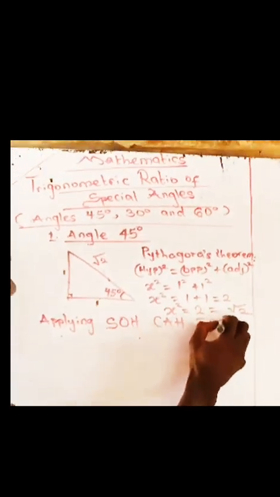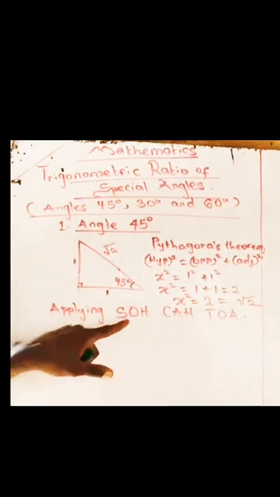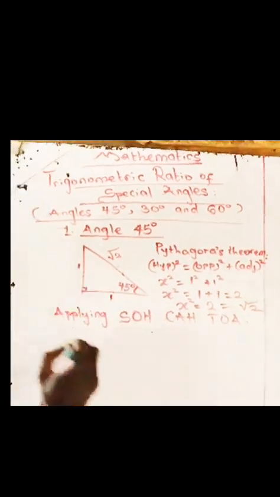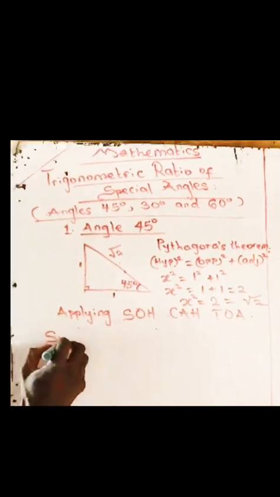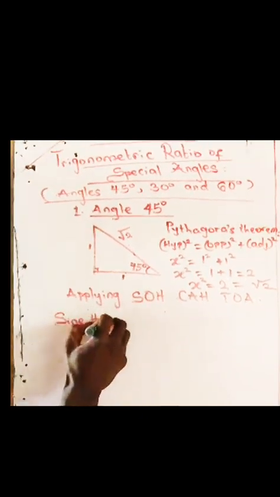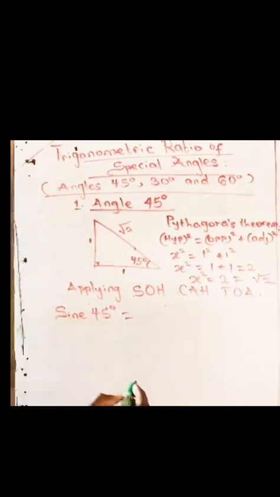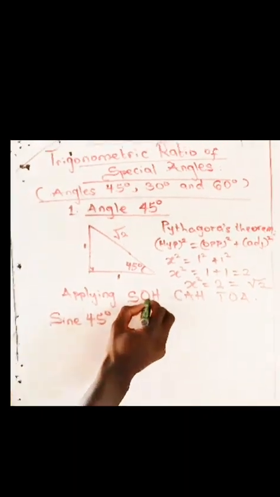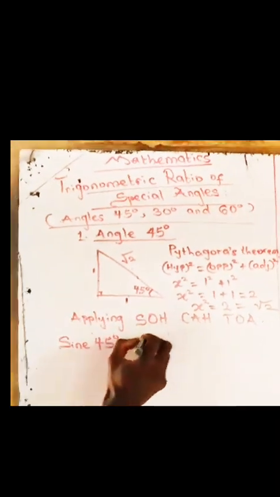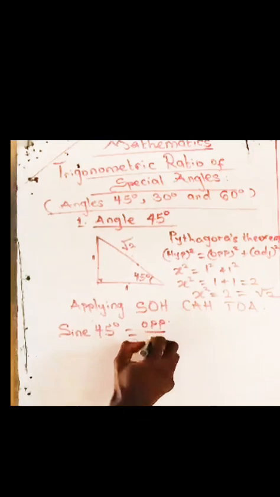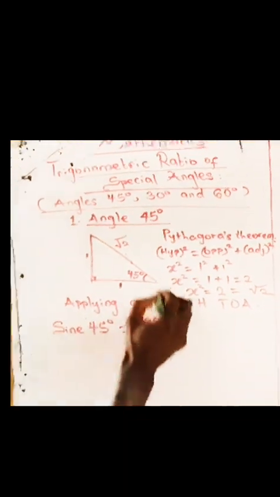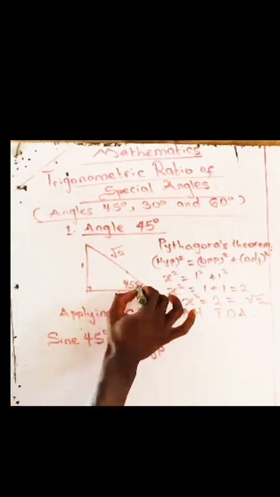Now, when you are looking for sine 45 degree, we know that for sine of an angle, it is opposite over hypotenuse. Remember, how are you going to know opposite here?